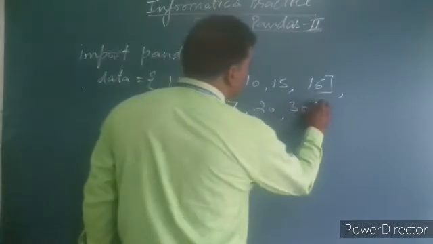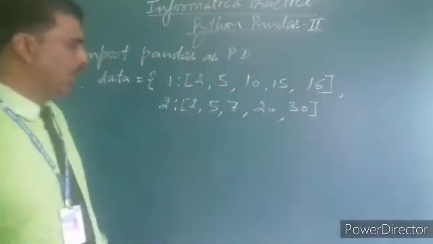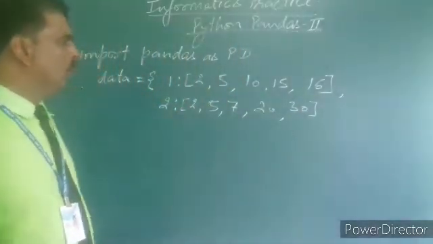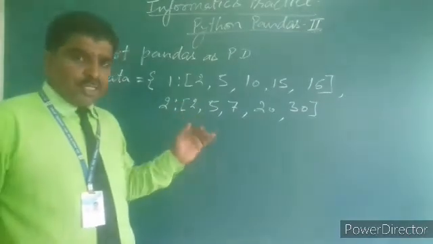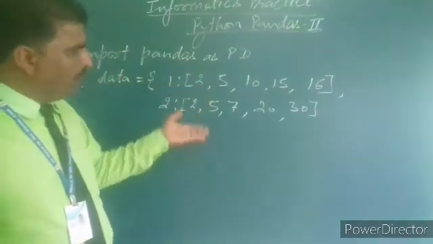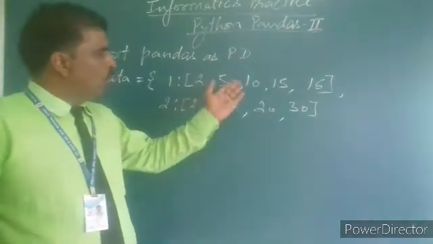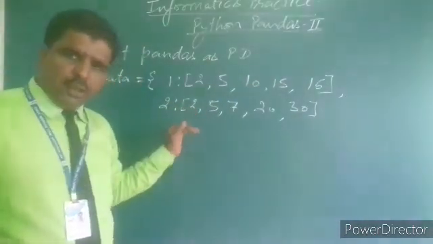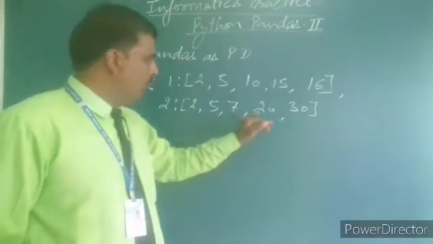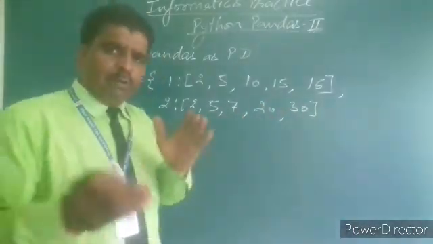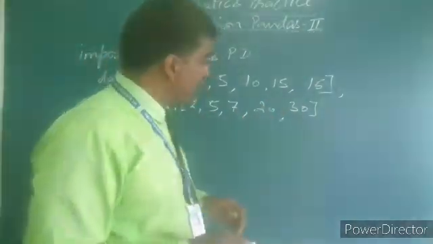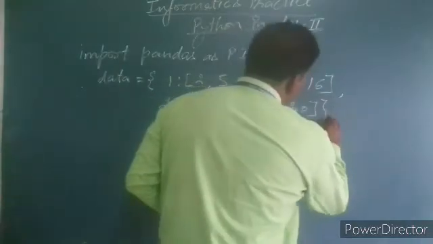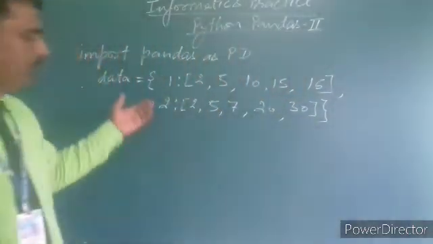Like this you are taking the values. So the elements we are taking are 1, 2, 3, 4, 5, and again in the second row 1, 2, 3, 4, 5. So 5 elements we are taking here. After that we are closing the dictionary.